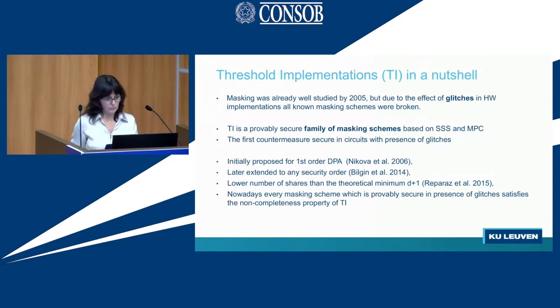First, it was for first order DPA only, then we extended it to any security order. Then we, of course, tried to work on the efficiency and to use the minimum number of shares. And nowadays it is believed, it is actually proven, that one of the main properties of TI, which is non-completeness, is a necessary property for every masking scheme.